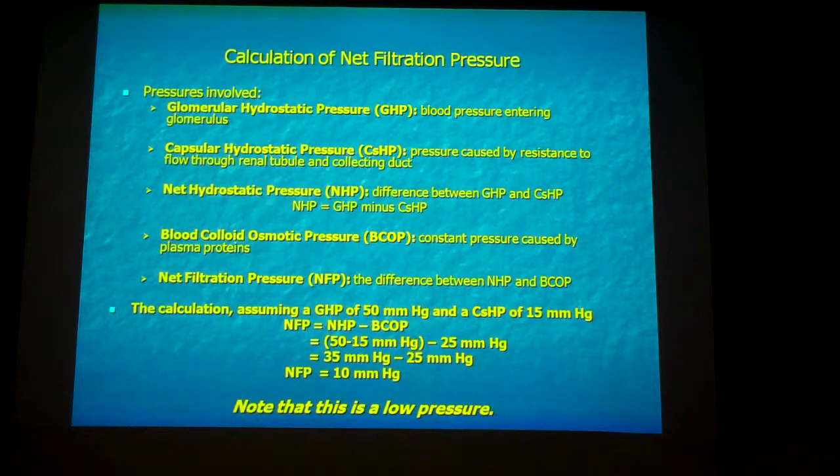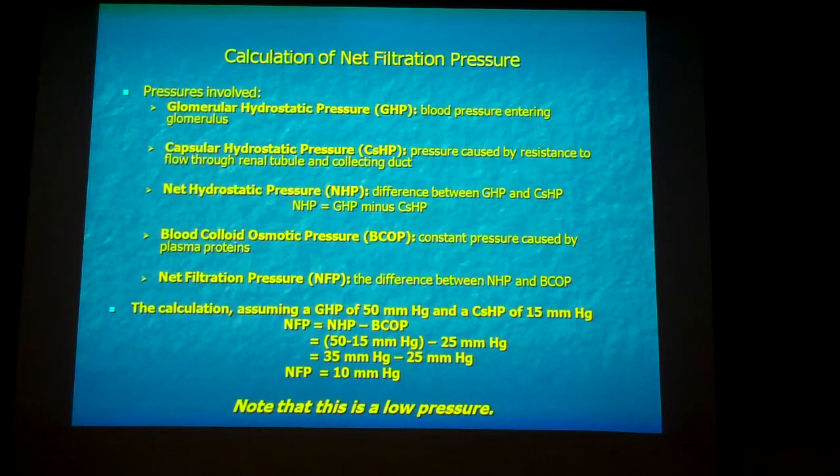So 10. All right, now existing within the bloodstream is this pressure, the blood colloid osmotic pressure. This is caused mainly by the plasma proteins. This number is going to be 25.